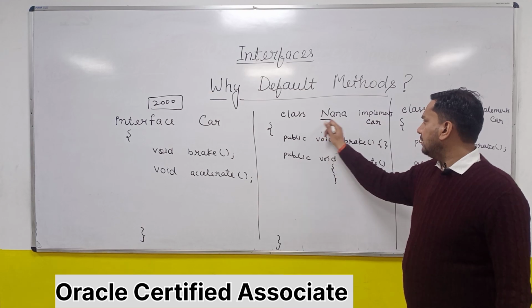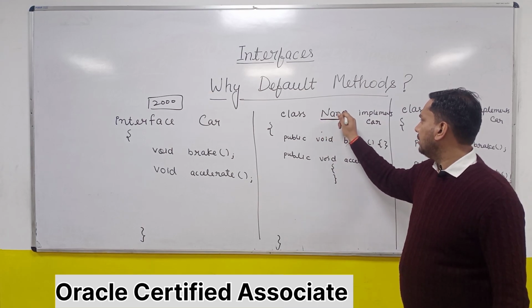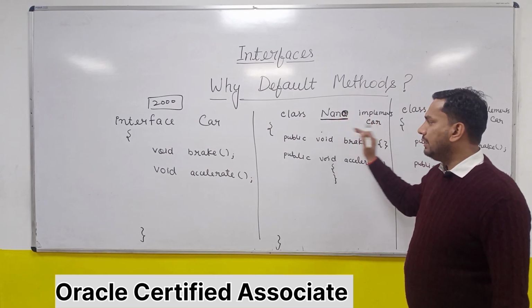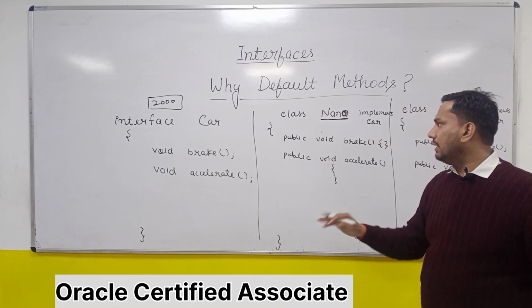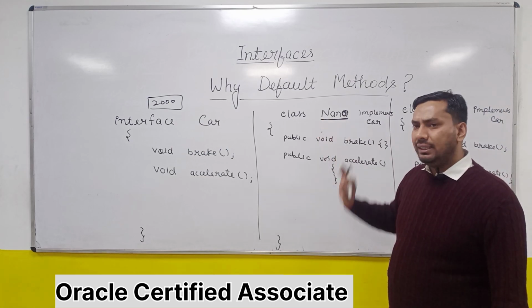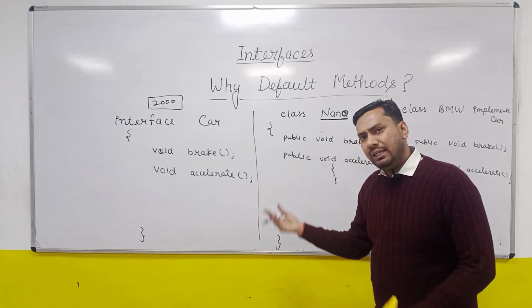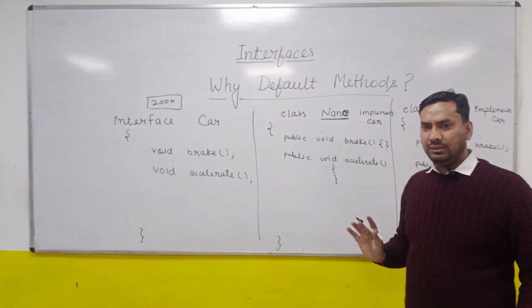Let's say class Nano is created by implementing the Car interface, in 2010. They must have inherited these abstract methods and were bound to implement them.